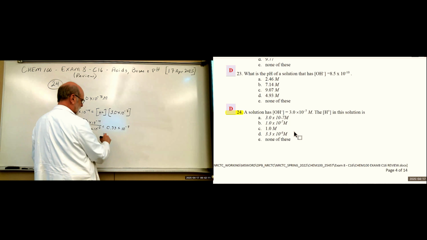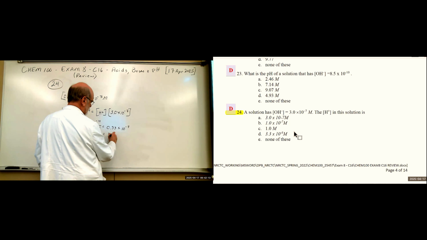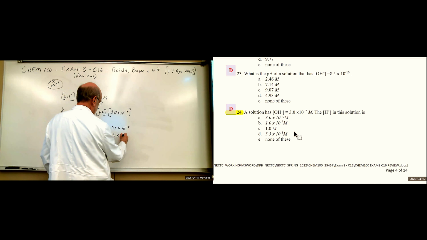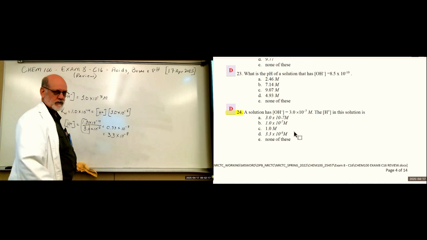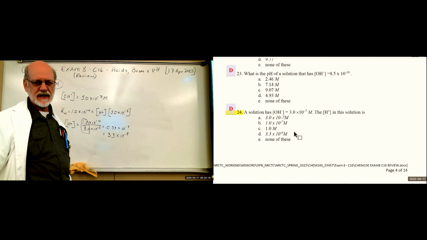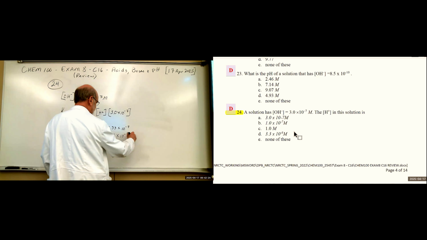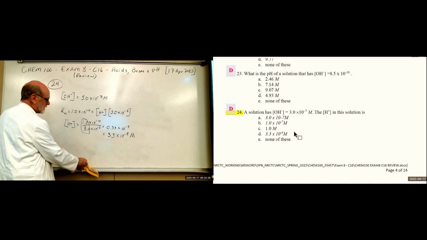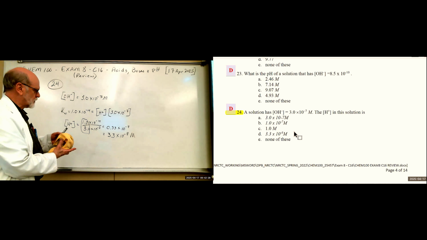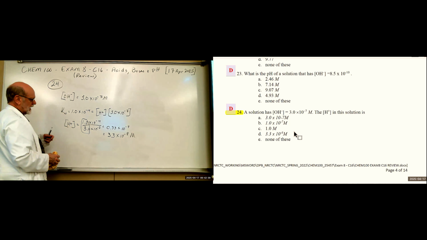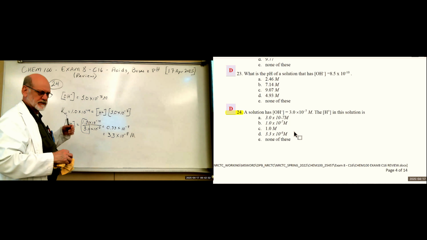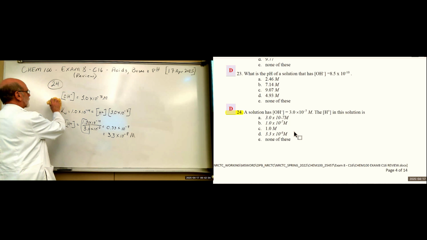And then we straighten this out in scientific notation, 10 to the minus 8. So 3.3 times 10 to the minus 8 is D. That's molar. You can use your calculator if you want, that's fine. I do it in my head when I can, just to keep my brain cells working.